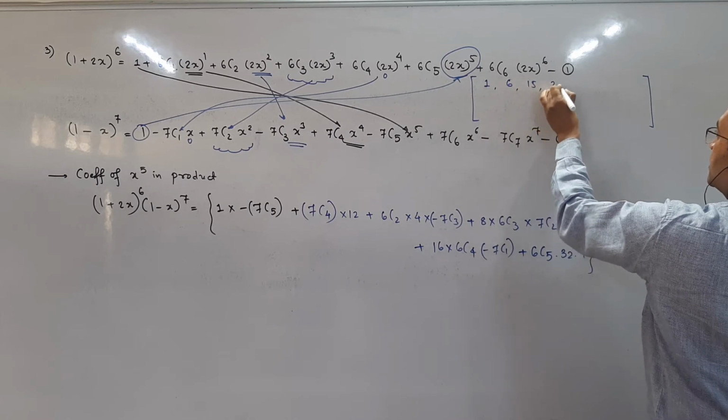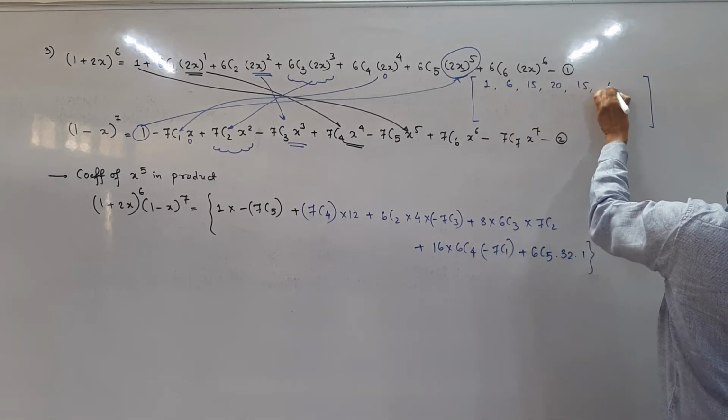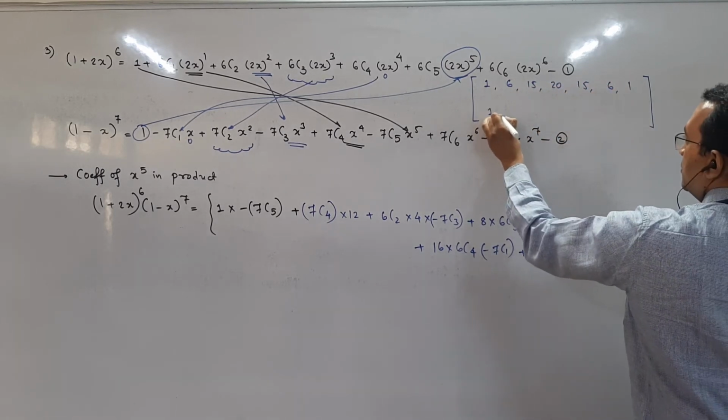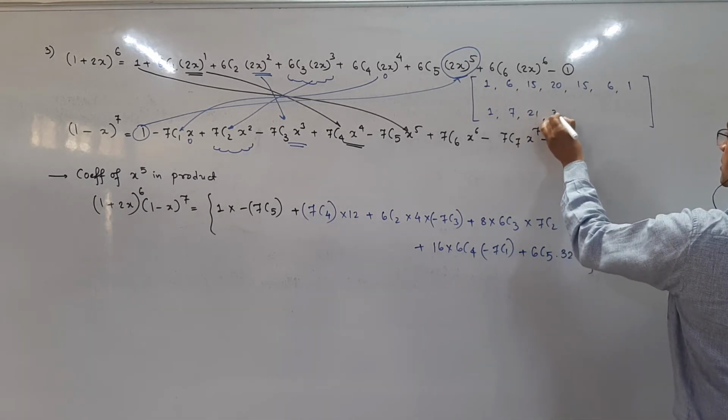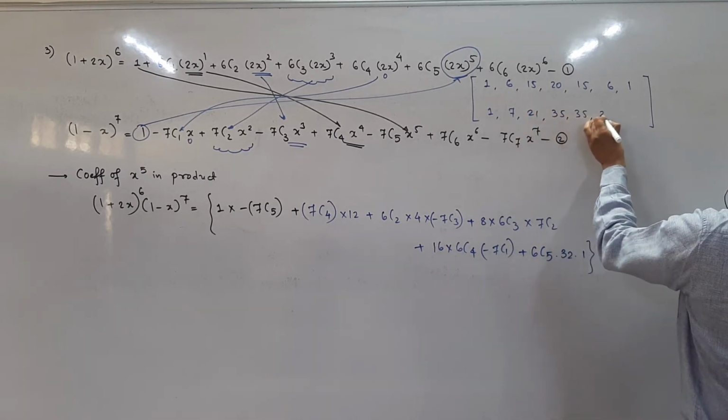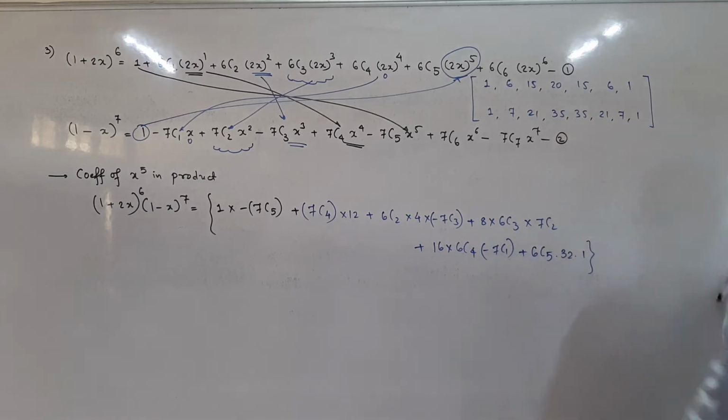Now the coefficients for 6 in Pascal triangle and the coefficients for 7: 6c0 is 1, then 6, 15, 20, 15, 6 and 1. For 7: 1, 7, 7c2 will be 21, 35, 35, 21, 7, 1.